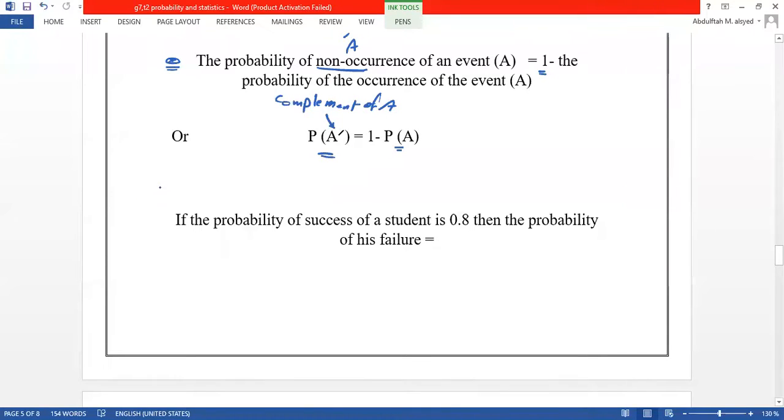For example, if the probability of success of a student equals 0.8, then what is the probability of his failure? The probability of A dash, the non-occurrence of the event, equals 1 minus probability of A, equals 1 minus 0.8, equals 0.2.